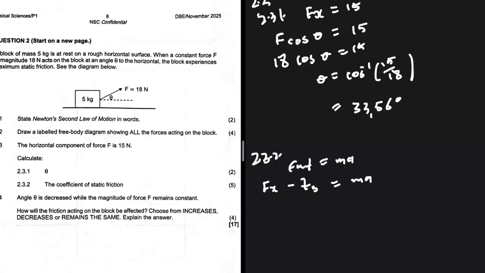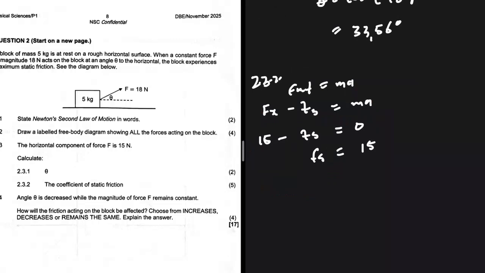So Fx, that is 15 newtons, minus Fs, and this is equal to ma, stationary, so that is equal to 0. So Fs is equal to 15, but Fs, we know that this is the coefficient multiplied by the normal force, which is equal to 15. If you are a member of my Patreon, if you've been watching my course, you will know fully well that the normal in this instance is not just mass multiplied by gravity.